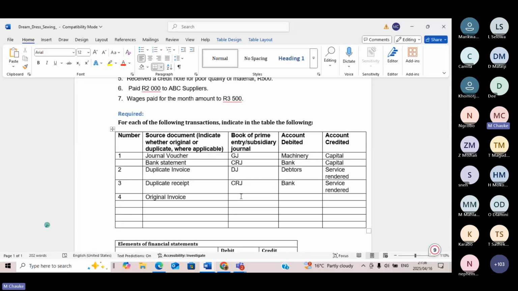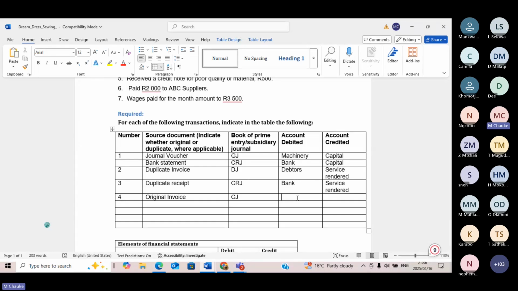Where you buy goods, or whatever you are buying on credit, you are going to record this transaction in the creditors journal, which is CJ. We're going to record in the book of prime entry called CJ, the creditors journal, right? And then the two accounts affected here are going to be materials and creditors.